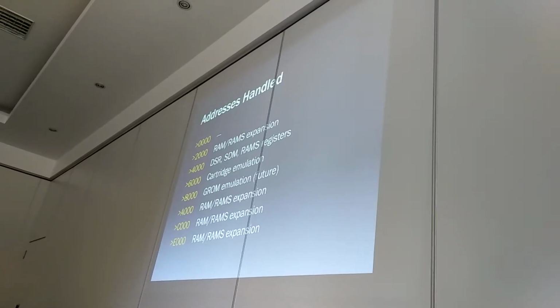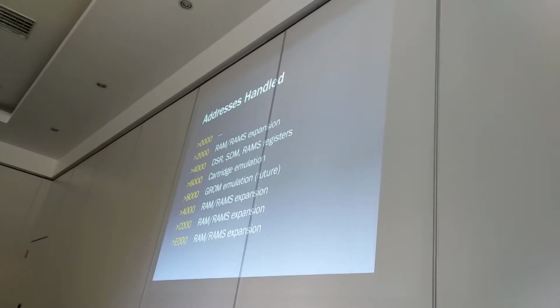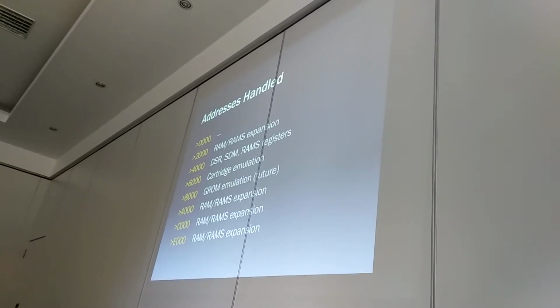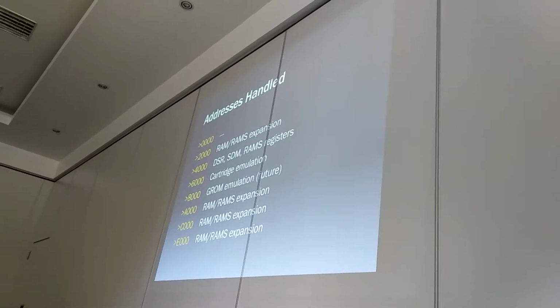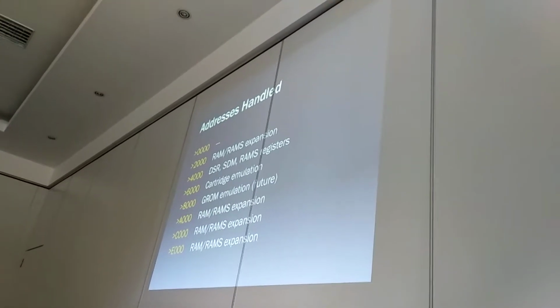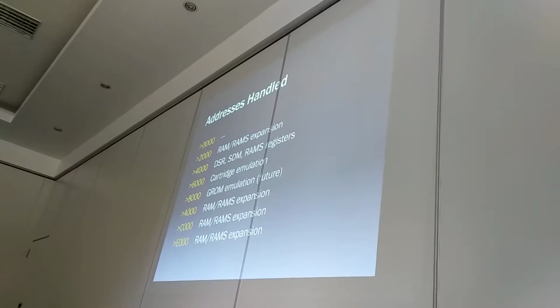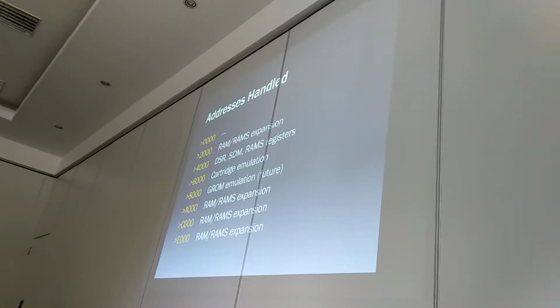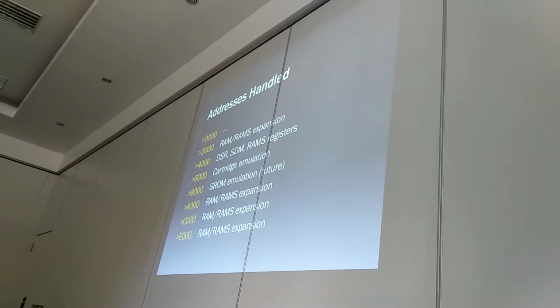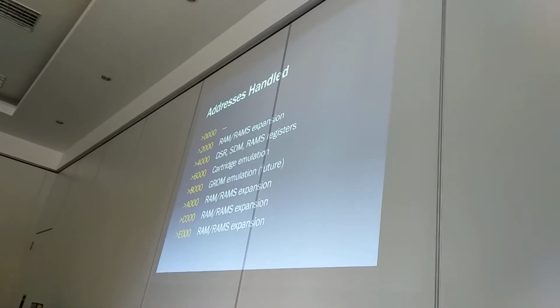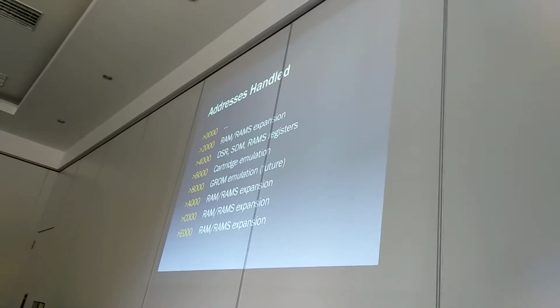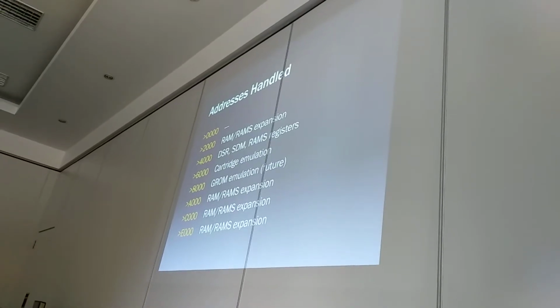So 2000, 8000, C000, E000, that's all RAM. So there you have the RAM expansion. Then 4000, that's the DSR, which is for the operation of all things peripheral. This is also the area of the disk manager, and this also contains the SAMS register.